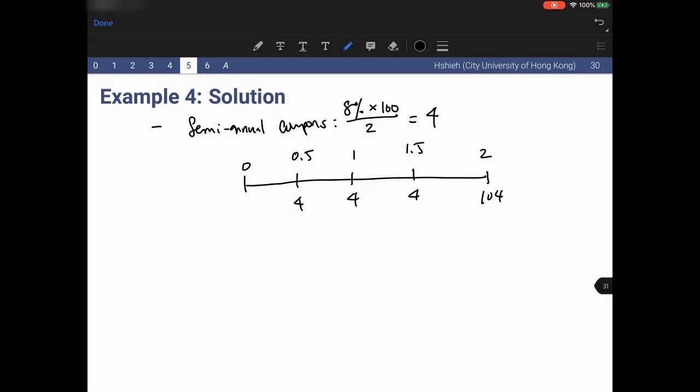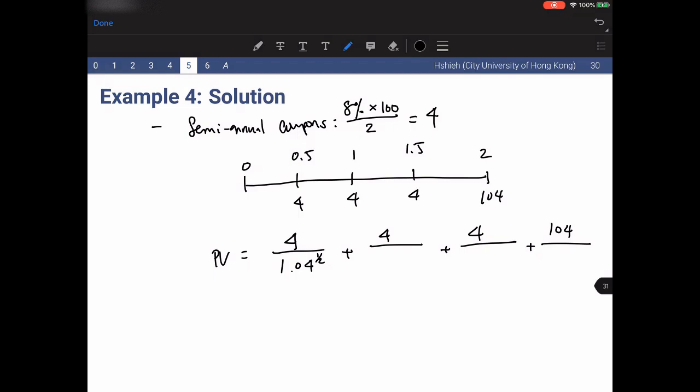Therefore, we can solve for the price of this asset by taking the present value of these cash flow payments every 6 months. So let's just write out the cash flow payments first. And the final payment of 104. And we will discount each of these cash flow payments corresponding to the interest rate investment horizon from the term structure of interest rates. So if you recall from the previous slide, our 6-month effective annual rate is 1.04, and I'm going to take it to the 1/2 power.